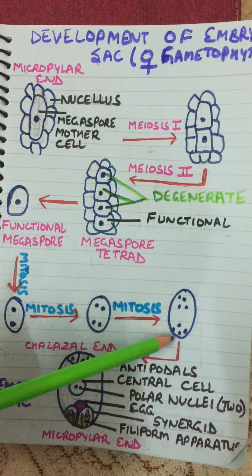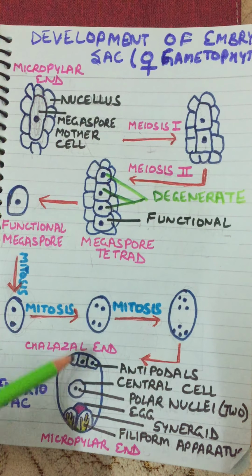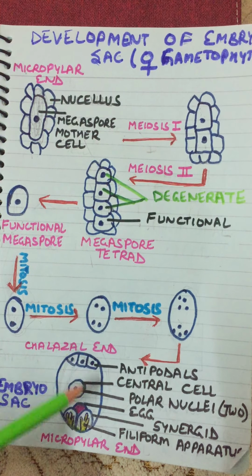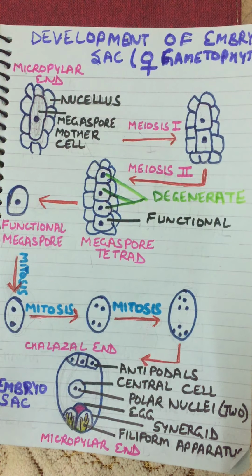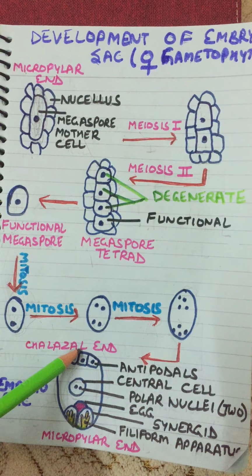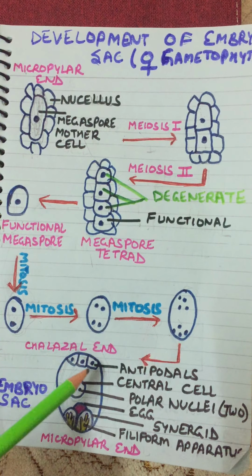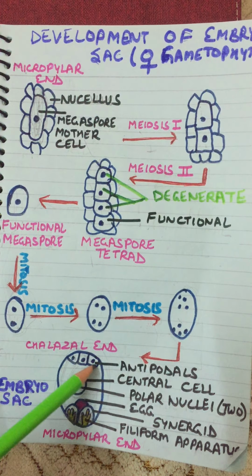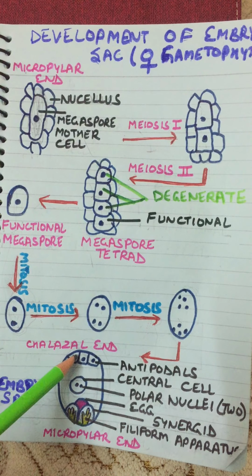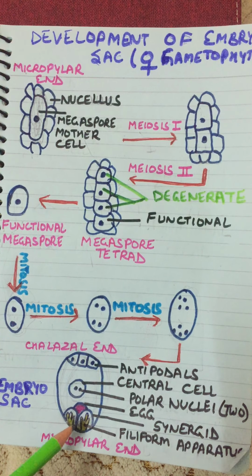Now these 8 nuclei will rearrange themselves and simultaneously cell wall formation occurs around them. 3 of these cells move towards the chalazal end, and these 3 cells are then called antipodal cells. 3 of the cells move to the micropylar end and constitute the egg apparatus, with the center cell called the egg surrounded by 2 synergids.